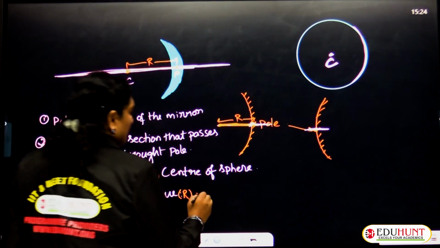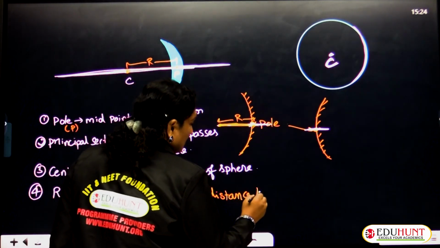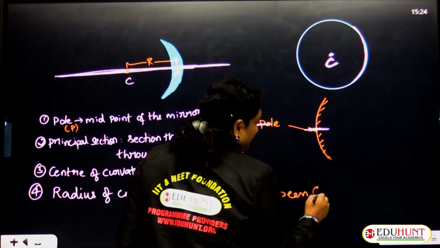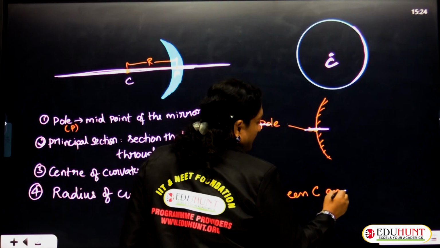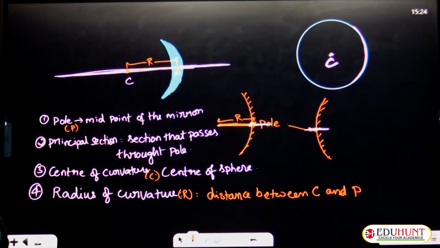So, what is that, children? The distance between the center of curvature C and the pole of the mirror P is called the radius of curvature.